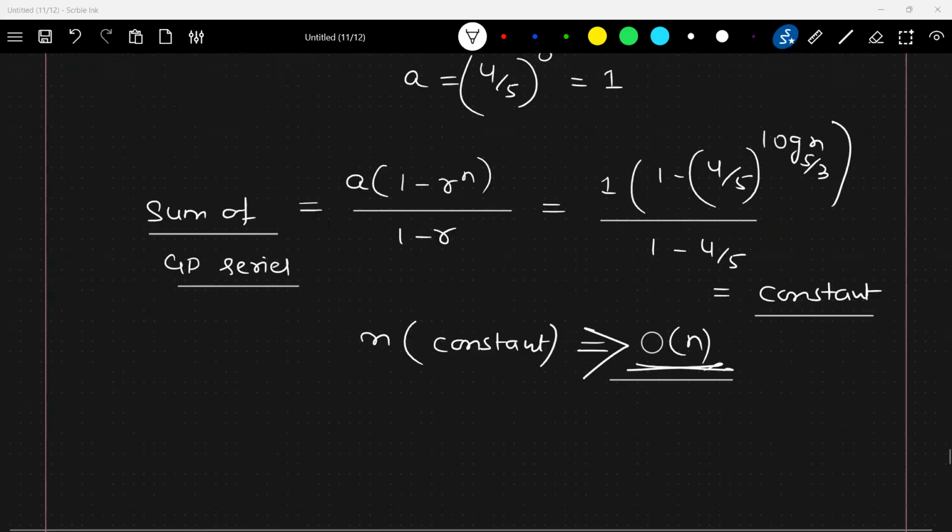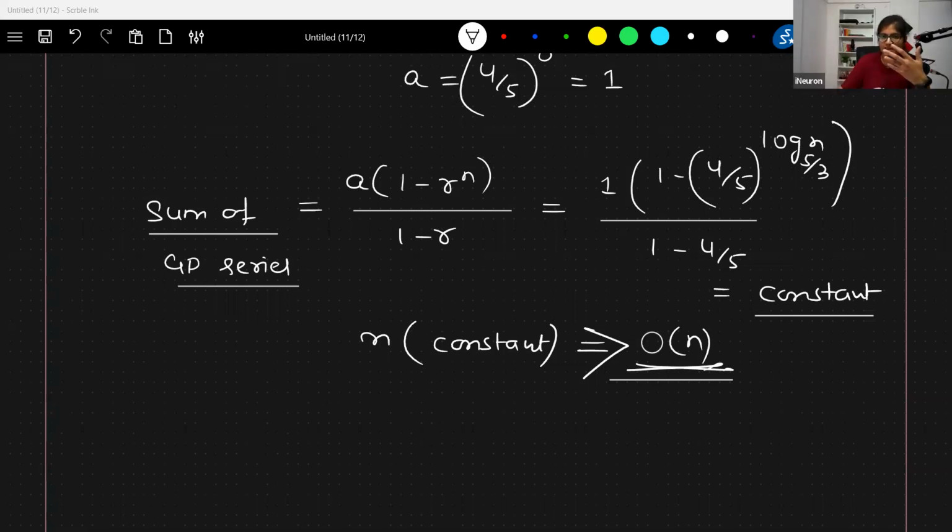GATE is an exam which tests your fundamentals, and it is for the masters. Whenever you want to pursue the masters in any of the IITs or NITs or any of the colleges in India, you need to clear the GATE exam. And for IIT specifically, you need a very good percentile, like 99 percentile or more.